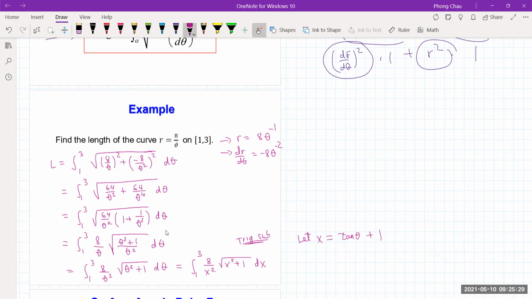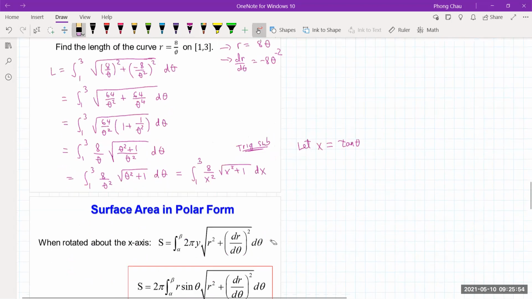We like to use a calculator or integration by table to finish that. Rarely can we do this by hand, but this one we probably could. As you can see, x equals tangent of theta, and that worked out very nicely, right?